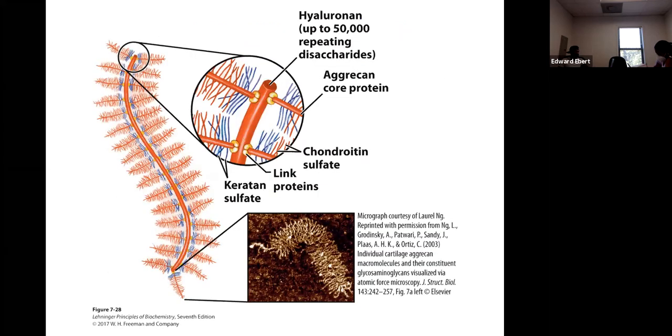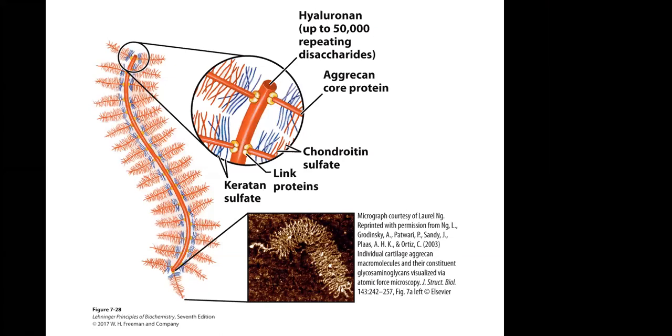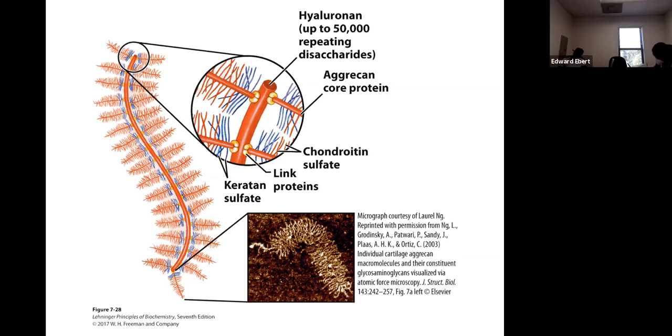If you look at an example of one here, we have our core protein. We have these attached to the main rod in here. Then close to the main rod, we'll have our hyaluronic acid, followed by our keratan sulfate coming off there in the blue, and then chondroitin sulfate as we get further away.